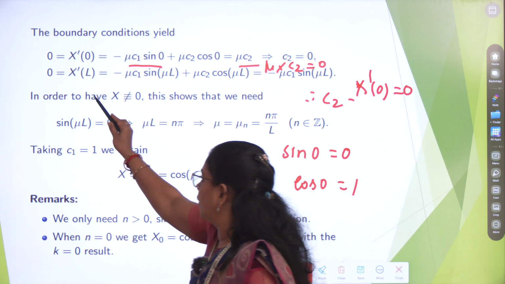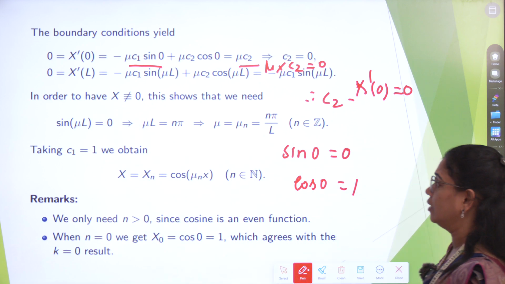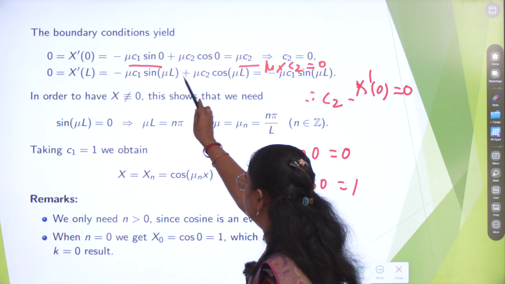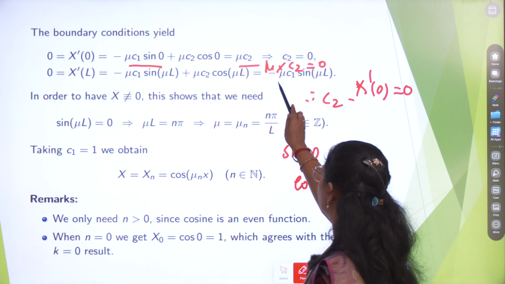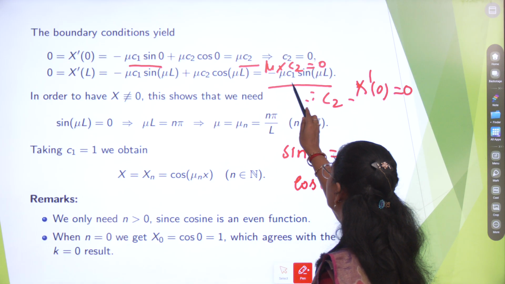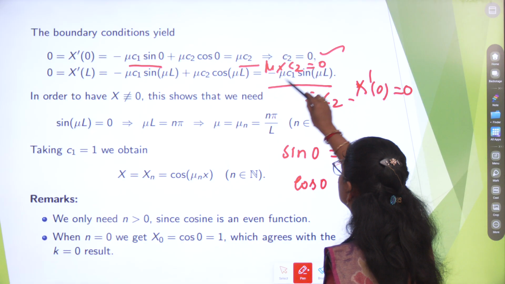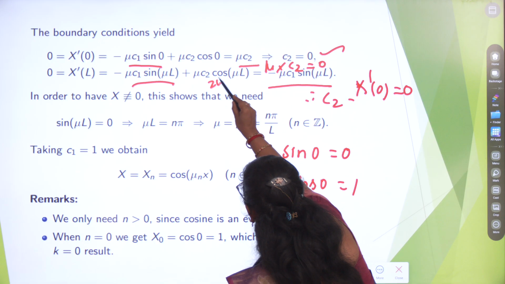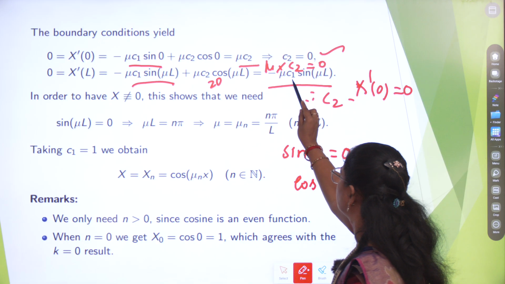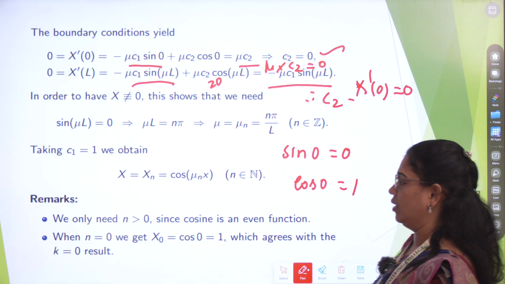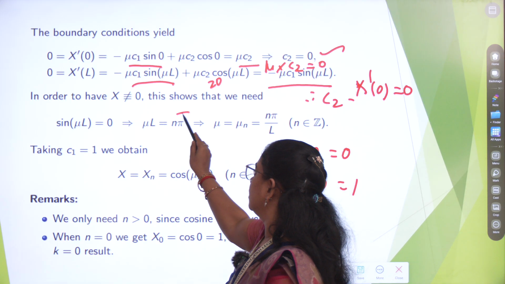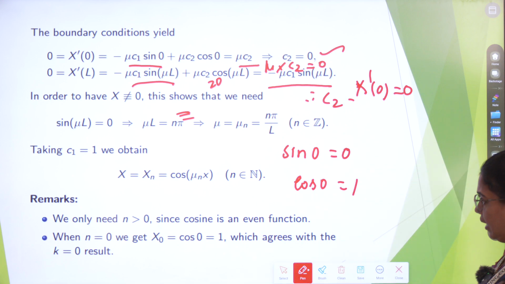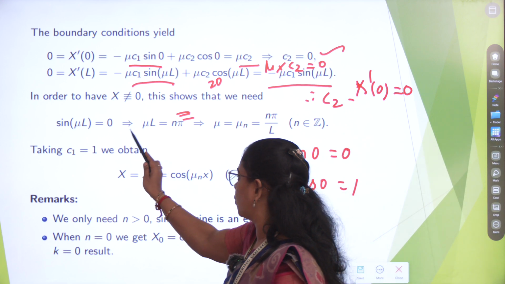Next, 0 equal to x dash of L, at the interval end L: minus mu c1 sin mu L plus mu c2 cos mu L. Because c2 is 0, we only get minus mu c1 sin mu L. In order to have x not identically 0, we need sin mu L equal to 0.